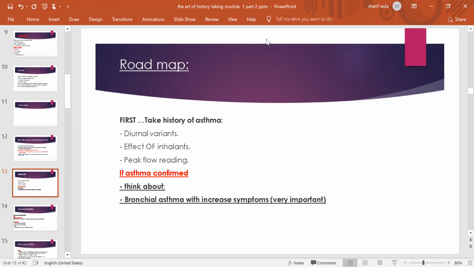Rare causes might be allergic bronchopulmonary aspergillosis, carcinoid, Churg-Strauss disease, and also all the autoimmune microvascular diseases. You will find all this differential diagnosis in the book. So try to first make sure that this is a worsening asthma, and then take the history of a worsening asthma as I told you.